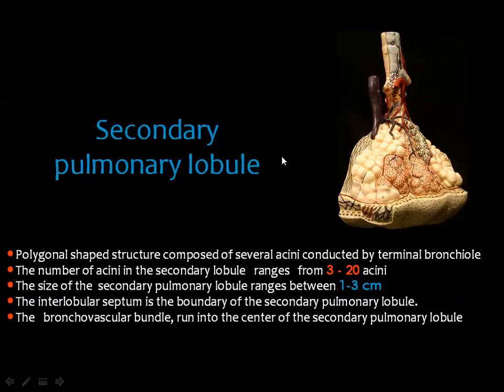And the secondary pulmonary lobule is a polygonal structure composed of acini and terminal respiratory bronchioles. The number of acini in each lobule ranges from 3 to 20 acini according to the size of the lobule, which ranges between 1 to 3 centimeters in diameter.